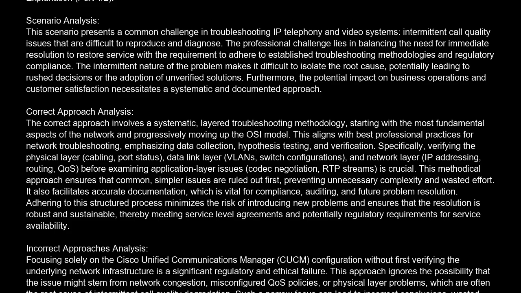Such a narrow focus can lead to incorrect conclusions, wasted time, and potentially disruptive configuration changes on CUCM that do not address the actual problem. It violates the principle of efficient resource utilization and can lead to prolonged service disruption, impacting business operations and potentially violating service level agreements (SLAs) that may have regulatory implications.